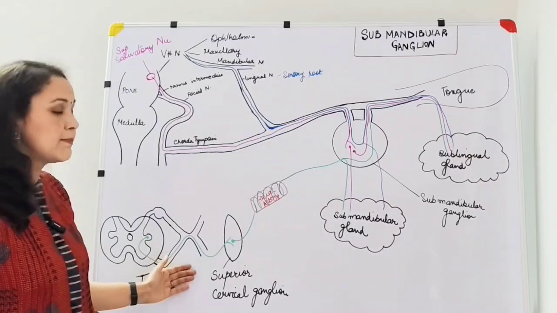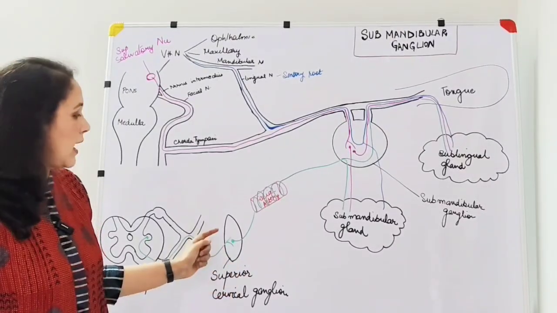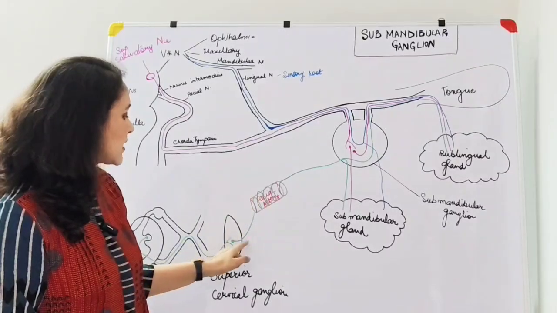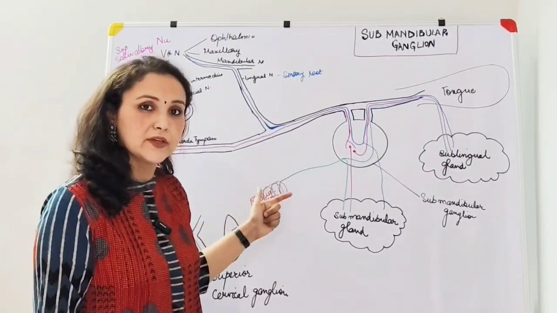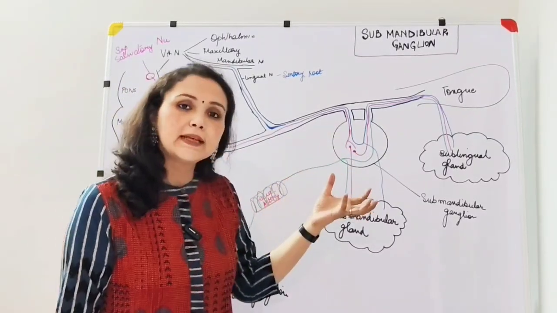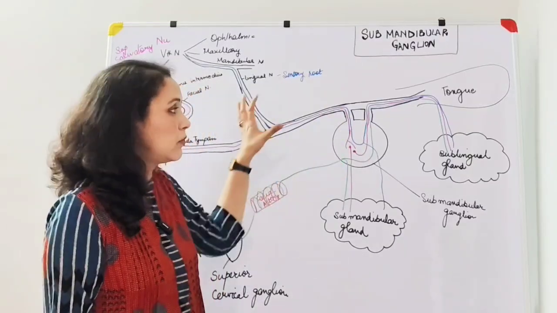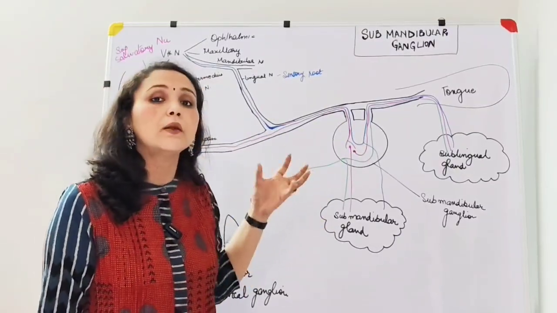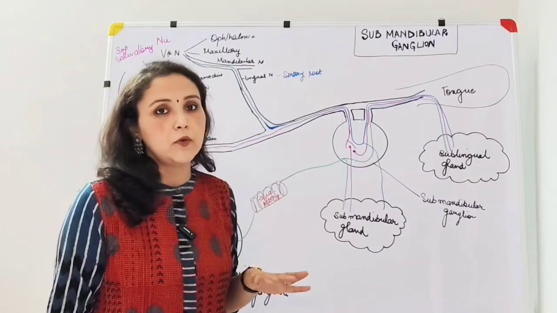Similarly, about the sympathetic, where is the relay occurring? Superior cervical ganglion, and then the postganglionic fibers travel and form a plexus around which artery? It is the facial artery. Then the fibers pass without relay. So the simple thing is that if you understand the basic concept, if you understand how to draw this diagram and what we are trying to show in this diagram, you can answer any kind of questions.